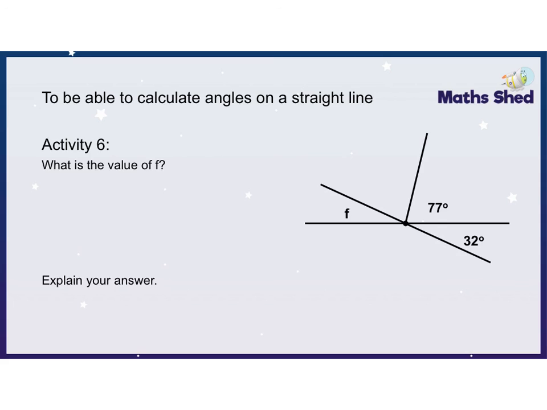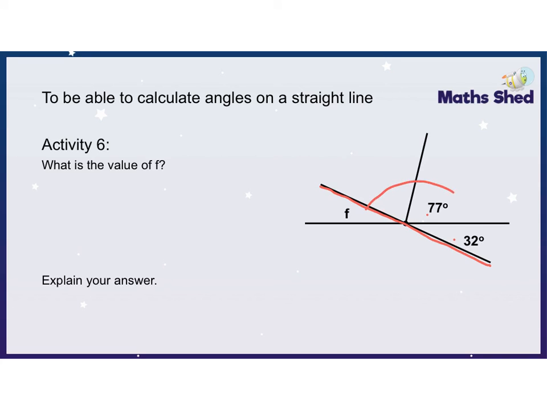Okay, so here's an interesting one. It says, what is the value of F? Now, we're going to have to use our knowledge of angles on a straight line to help us solve this, because we've got an interesting diagram here. The first thing I'm going to do is take this line coming down, because I can see I've got 2 angles here.